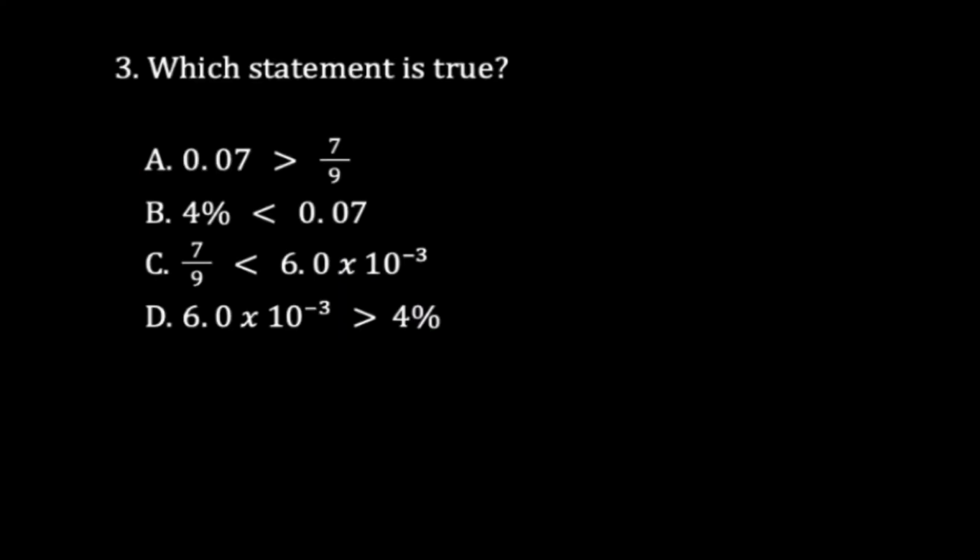Question number 3 is asking us which statement is true. For letter A, we have 0.07 is greater than 7/9. Can we tell which one is greater or less? We can't really, so let's divide 7/9.